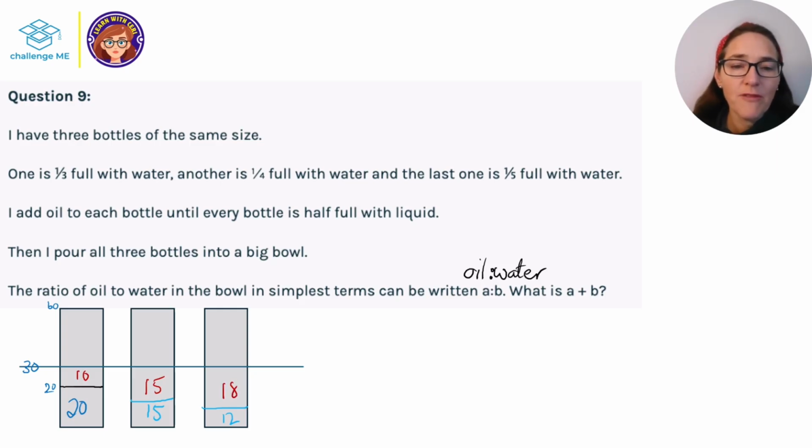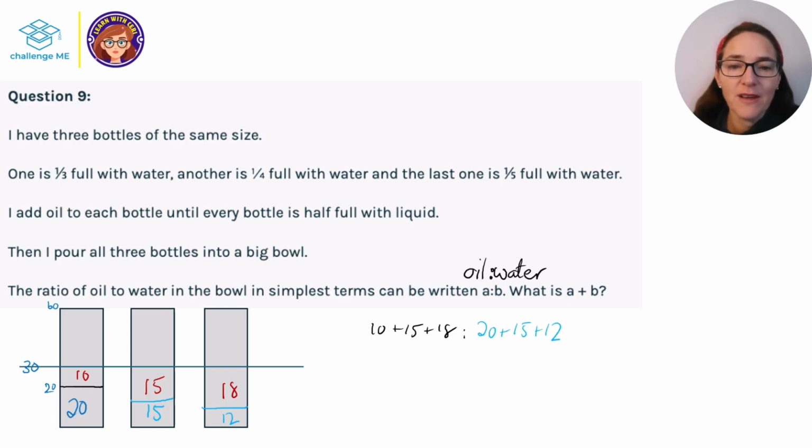And then all of those 30s get poured into a big bowl. So we're going to have in there the oil. Let's do the oil first because A is oil. Oil is 10 plus 15 plus 18, and water is going to be 20 plus 15 plus 12.